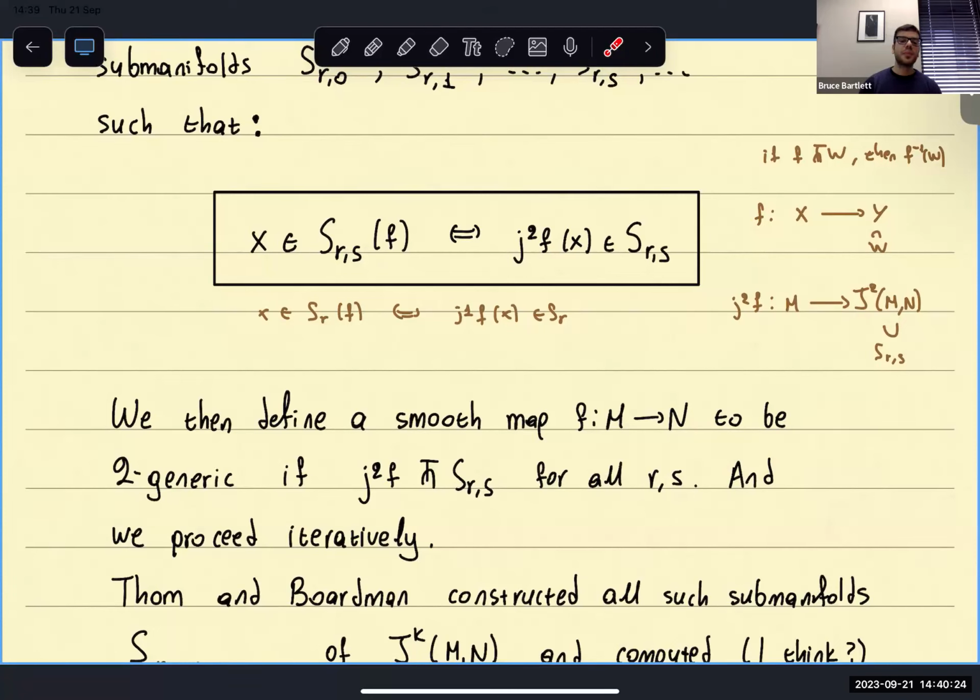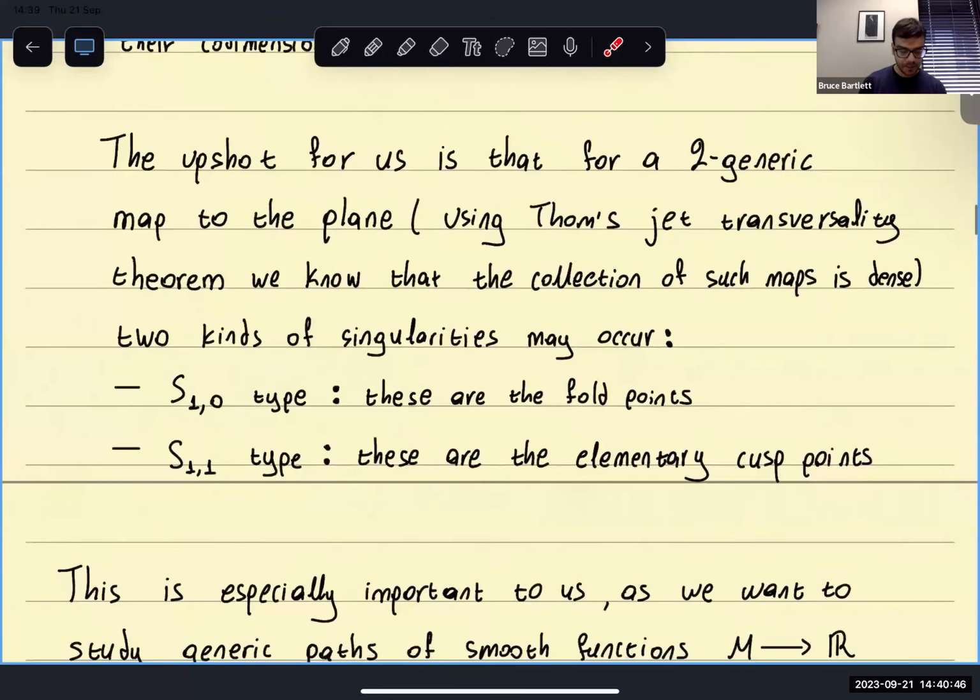Because the jet bundle is constructed as equivalence classes of functions. True, but yeah, this is a little bit different. That's fair.